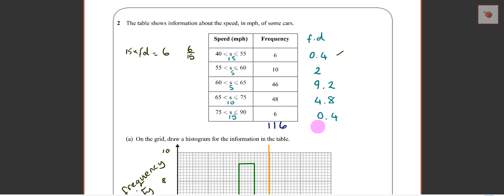Okay? 116 plus 1 is 117. Divide by 2 is. What is it? 58.5. So what does that number tell me?